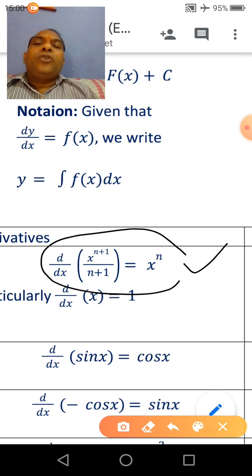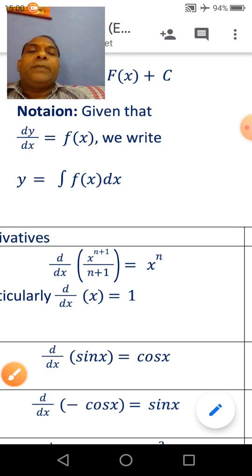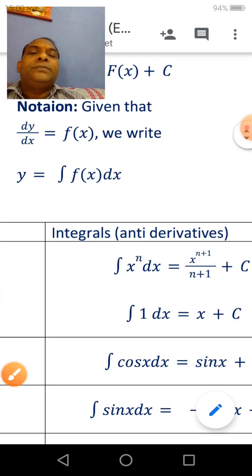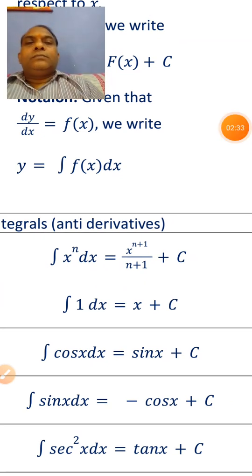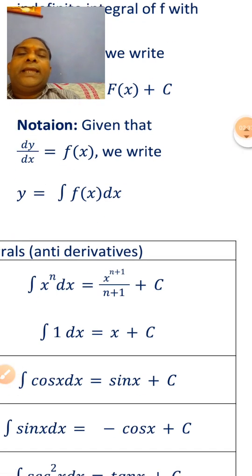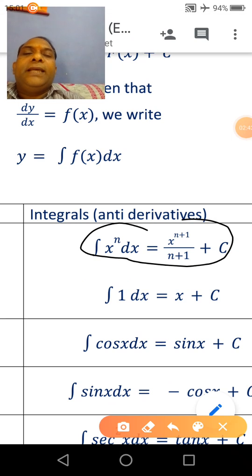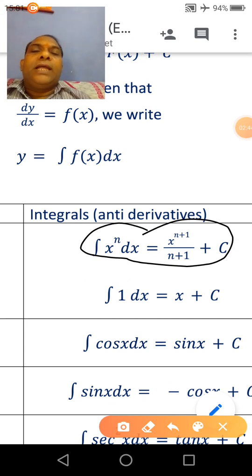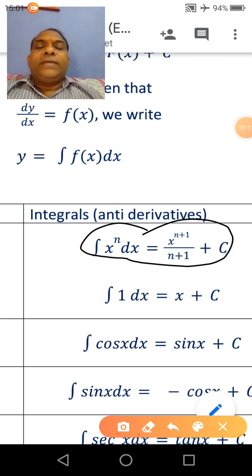It means integration of x to the power n will be x to the power n plus 1 upon n plus 1 plus c, where c is constant of integration or integration constant, we can say that.